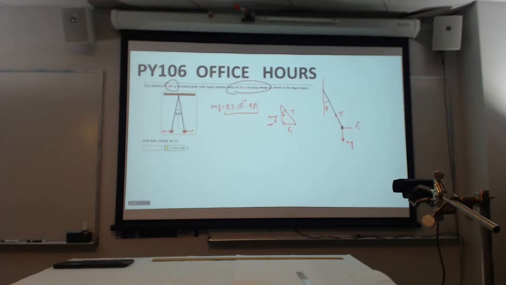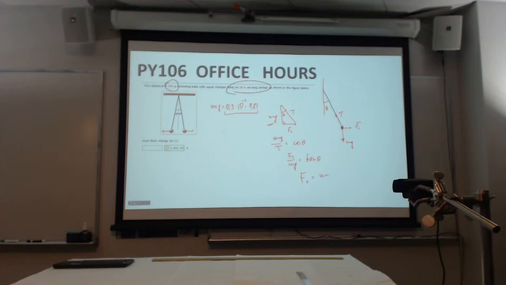For example, mg over tension should be equal to the cosine of this angle, and FC over mg should be equal to the tangent of this angle. Technically, we don't need tension. But clearly, you need to calculate the Coulomb's force, right?